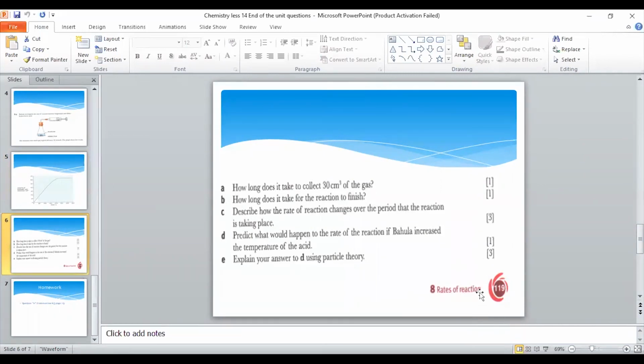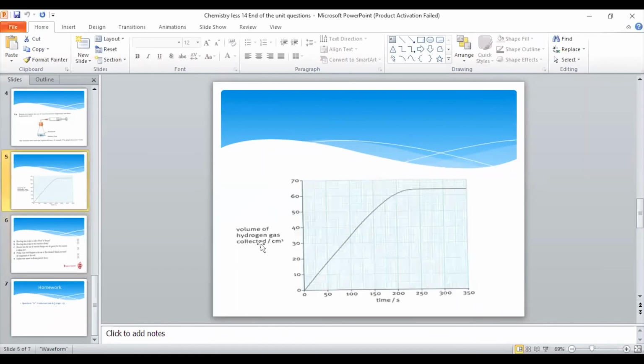What do we have to understand by this? The rate will be faster means that the reaction will finish faster, and the amount of product will be formed in less time compared with the first one.